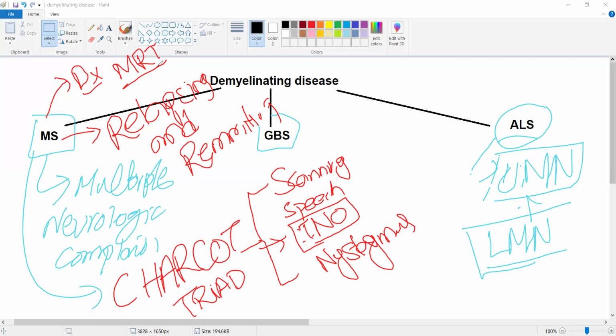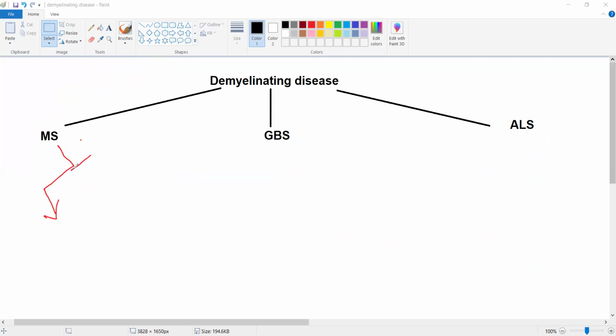Okay, so the treatment is again very high yield. Multiple sclerosis treatment is high yield stuff. It is divided into two things: acute exacerbation and prevention of further episodes. For acute exacerbation, what will be the drug of choice?